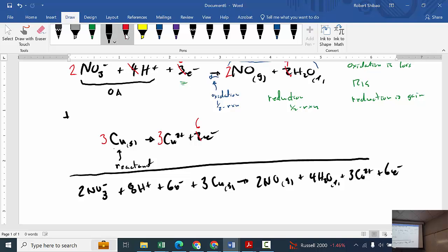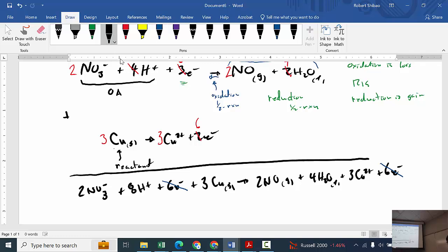And then, like going from an ionic equation to a net ionic equation, we cancel out the spectators. So the 6 electrons aren't really a spectator. I mean, they're consumed and they're lost, and so they're transferred. But since we have 6 electrons on the left and 6 electrons on the right, I'm going to cancel those. And then what else can I cancel? It looks like that's it.